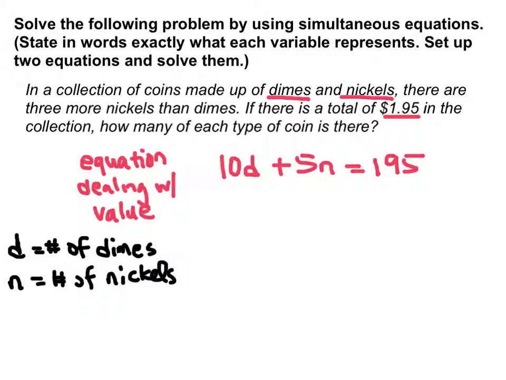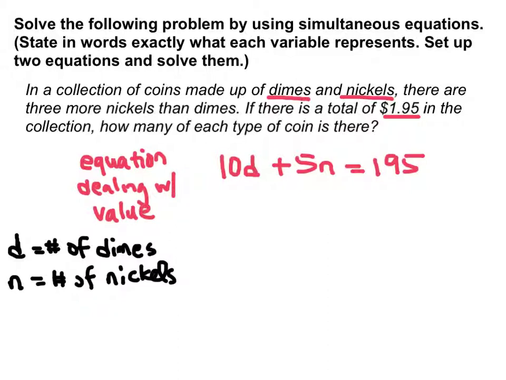Also, remember that if you use 10 cents to represent the value of each dime and 5 cents to represent the value of each nickel, then we have to change $1.95 to 195 cents to be consistent. So that's the equation dealing with value. That's the one we're pretty much familiar with.